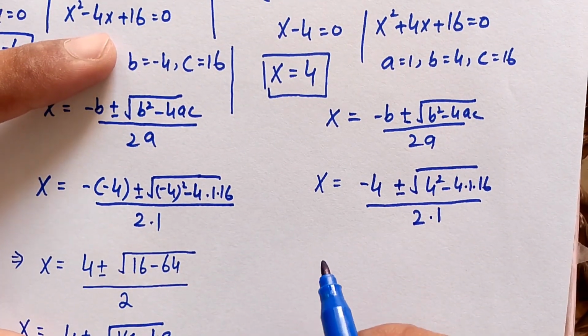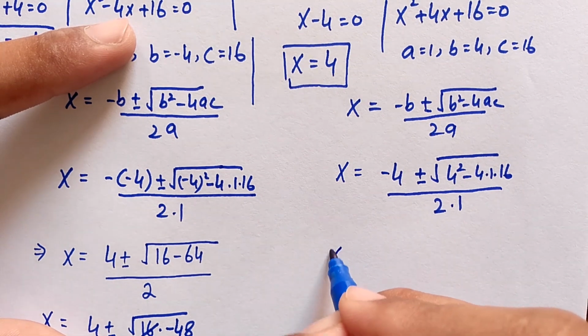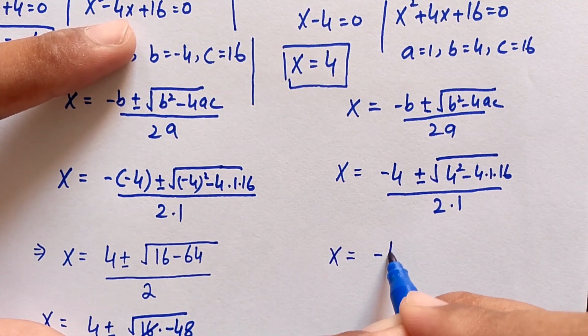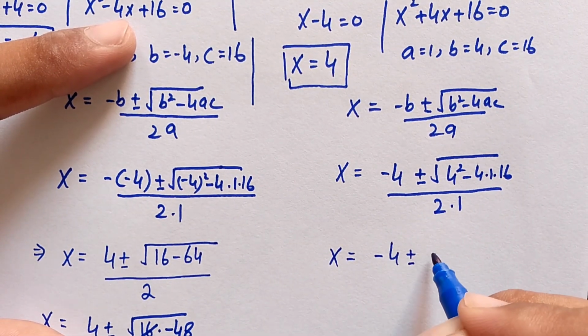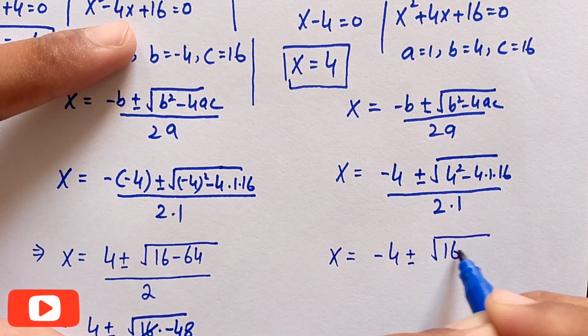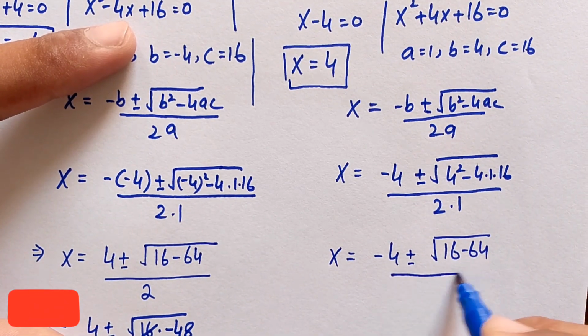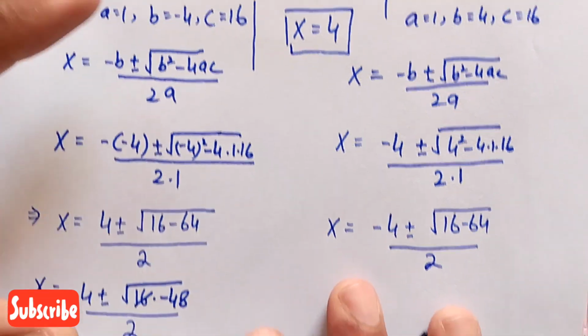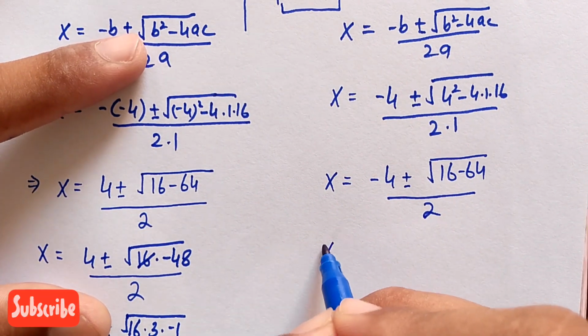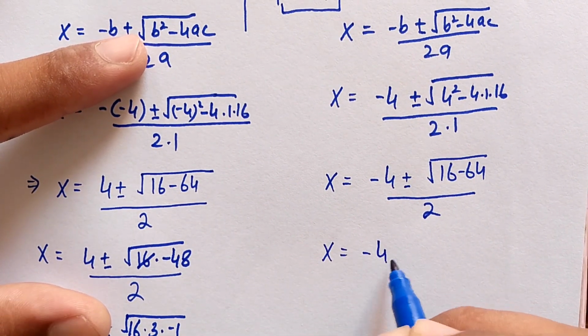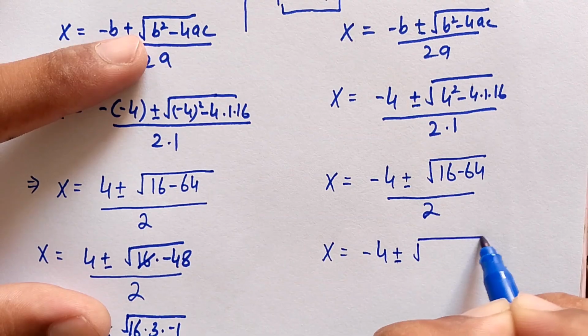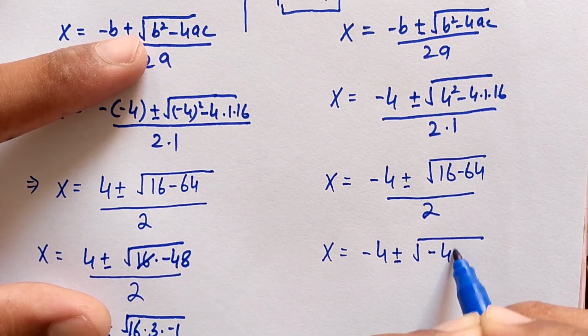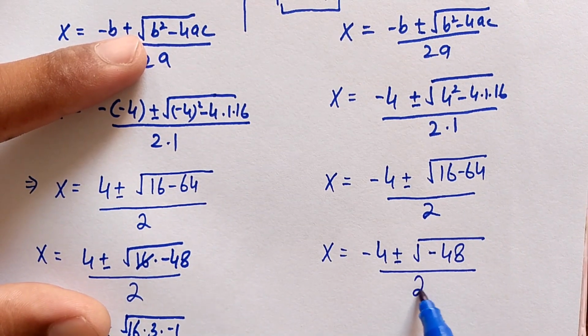So x is equal to minus 4 plus minus square root of 16 minus 64 divided by 2. x is equal to minus 4 plus minus square root of minus 48 divided by 2.